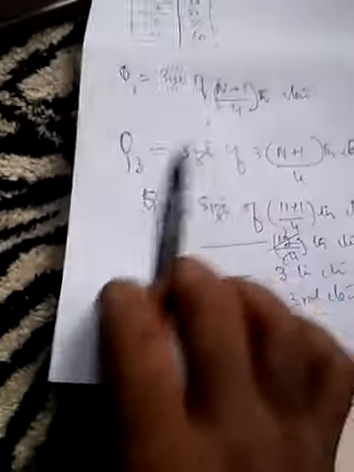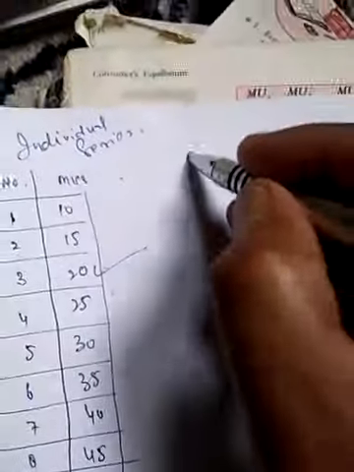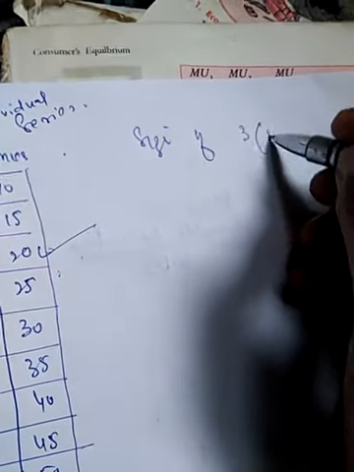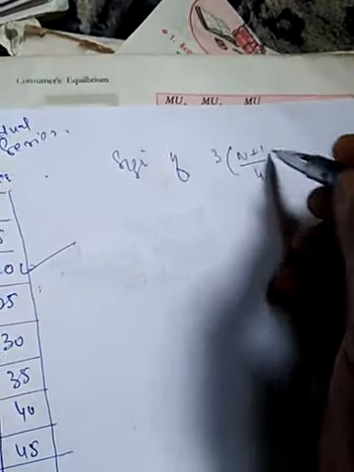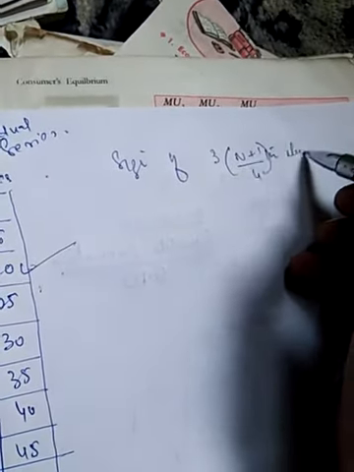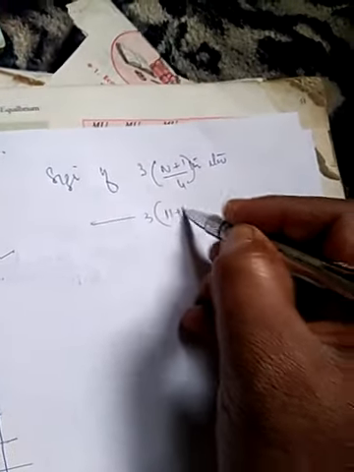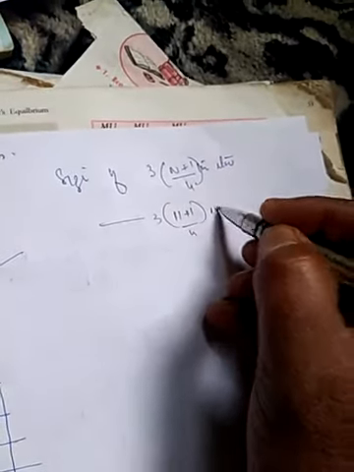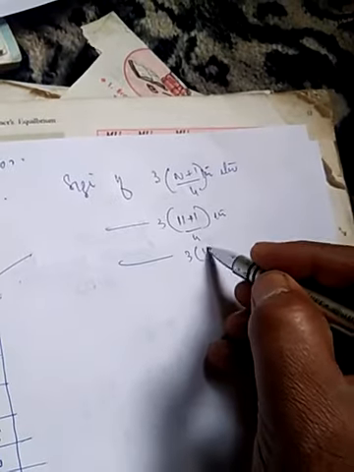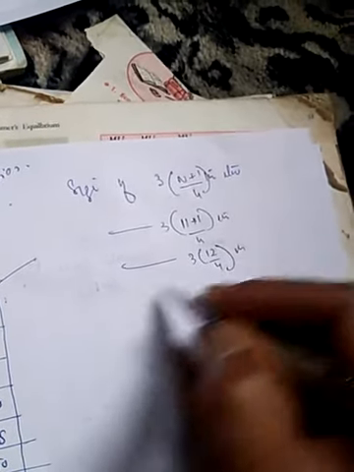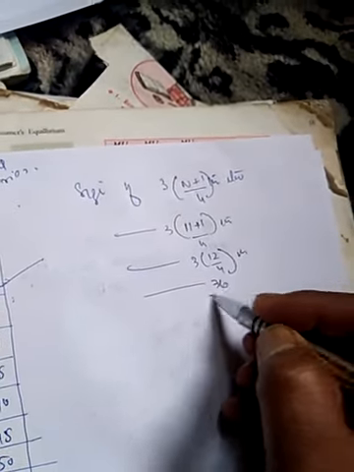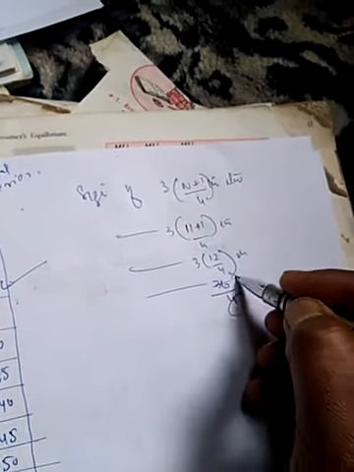Now again, size of 3 into n plus 1 upon 4th item. This is the third quartile. That is 3 into n, n is 11 plus 1 by 4th item, that is 3 into 12 upon 4, that is 36 by 4. 4 9s are 36.